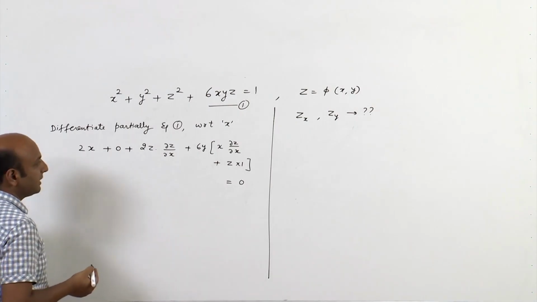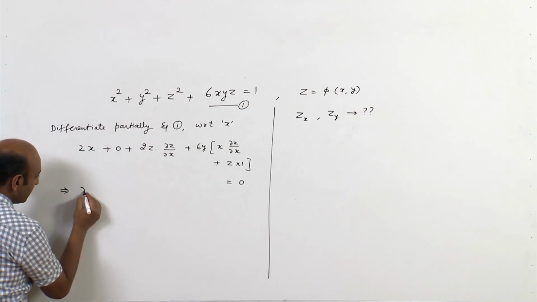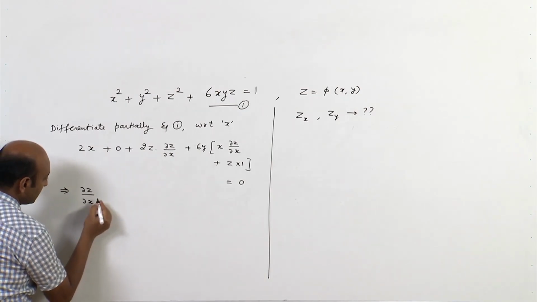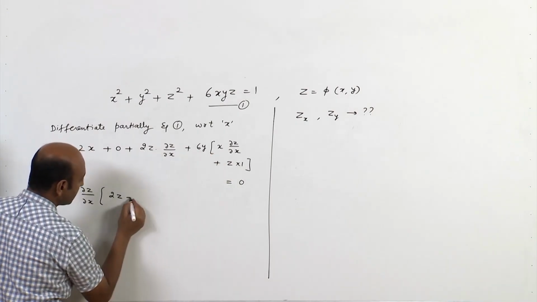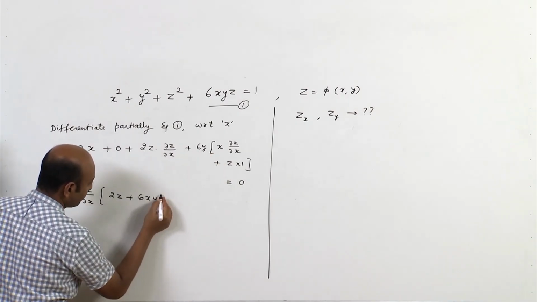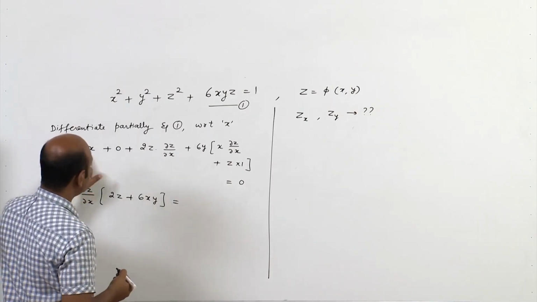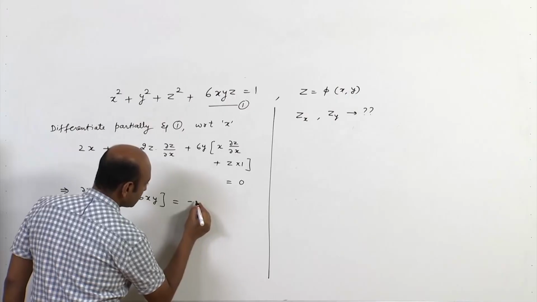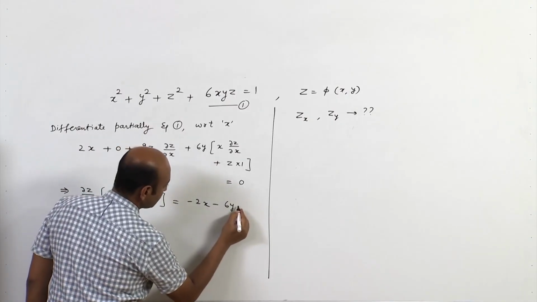Now, let us collect del z upon del x. This implies del z upon del x. Let us collect these terms, 2z plus 6xy, which is equal to the remaining terms put on the right hand side, it is minus 2x and it is minus 6yz.